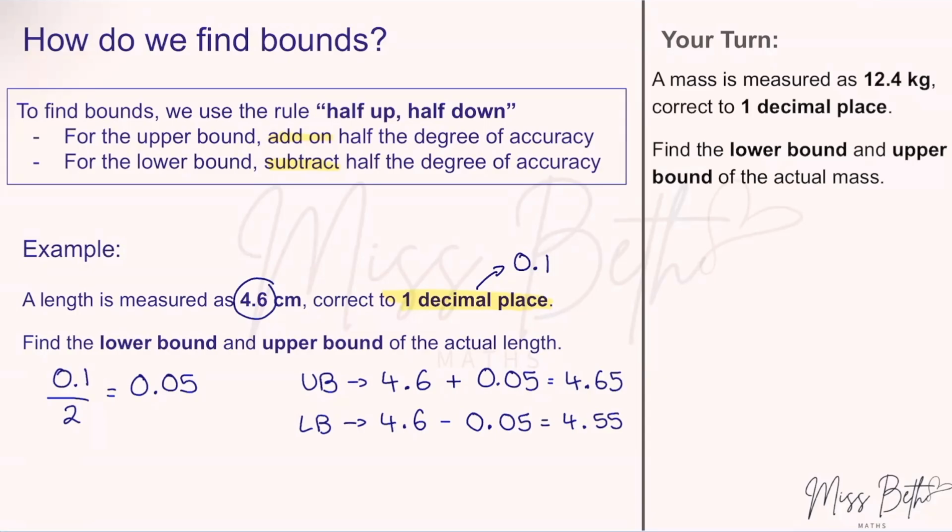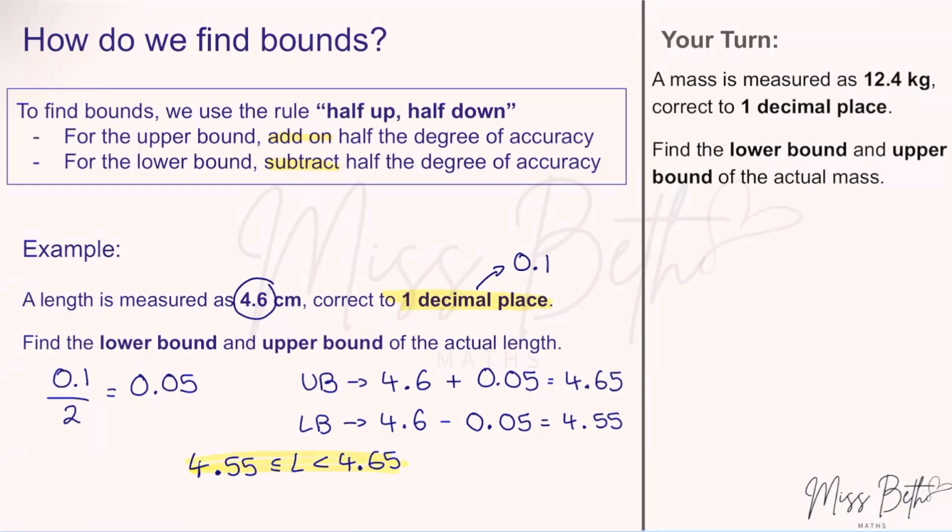If you had to write this as an interval, you would write 4.55 is less than or equal to L, let's call it L for the length, and that is less than 4.65. And that would be your upper and lower bound interval. So your length could actually fall into anything between those.